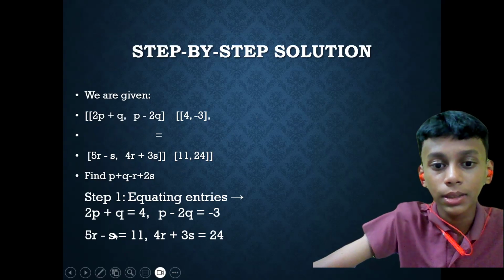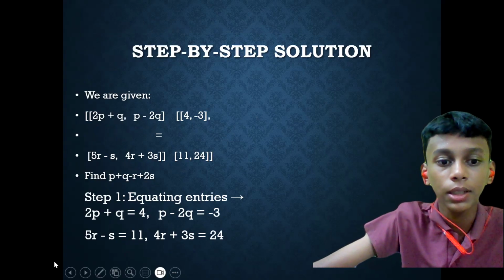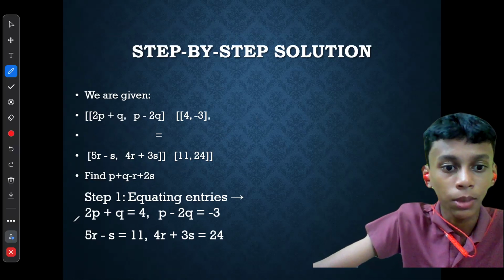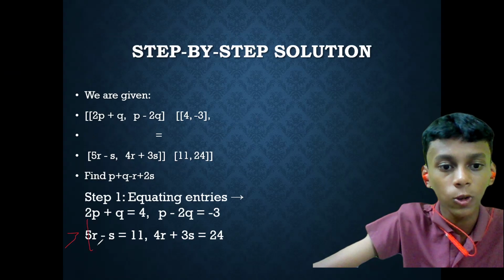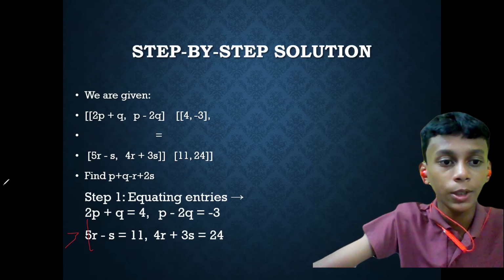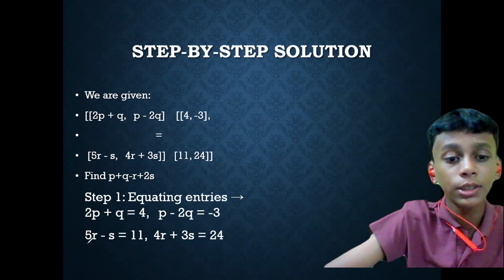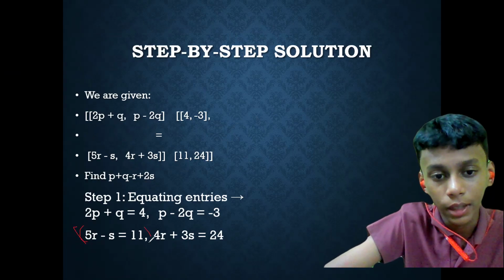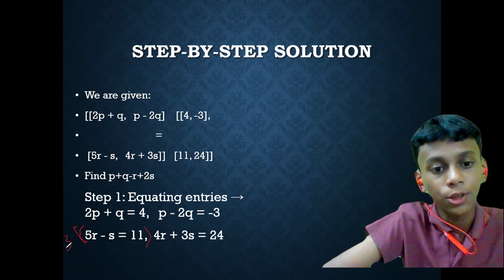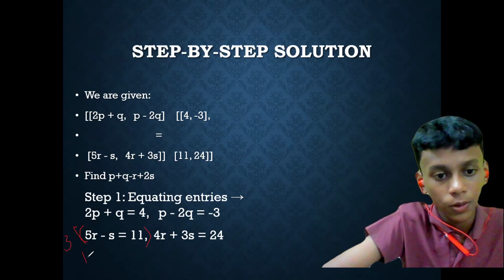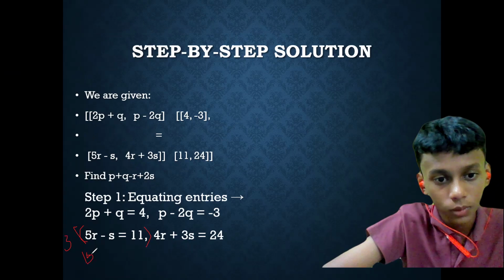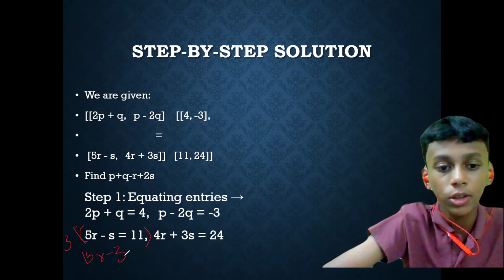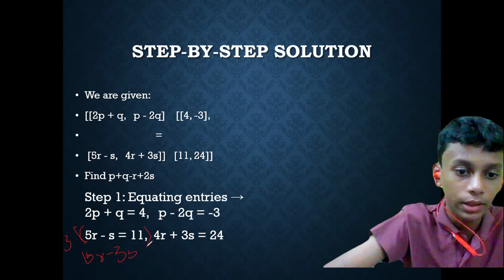So 5r minus s and here 4r plus 3s. You can just multiply the first equation with 3 to make it 15r minus 3s is equal to 33.